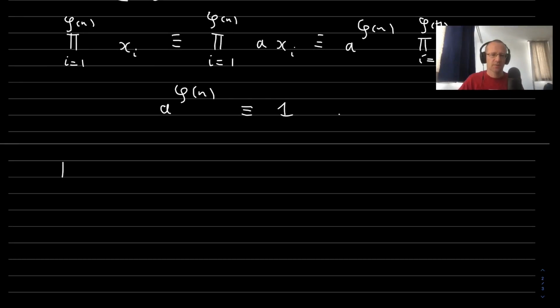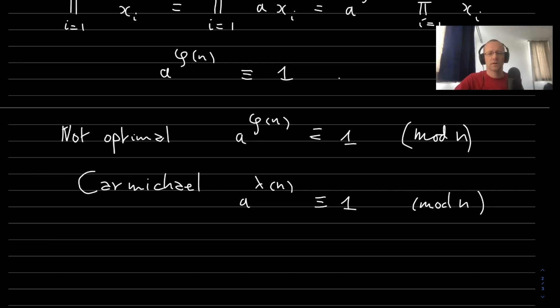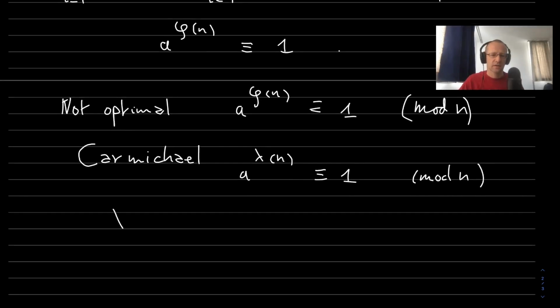So the last remark is that this is not entirely optimal. Although a to the phi n is 1 is the most often cited result, there is a better result by Carmichael, which says that a to the lambda n is 1 mod n, where lambda of n is Carmichael's function evaluated at n.